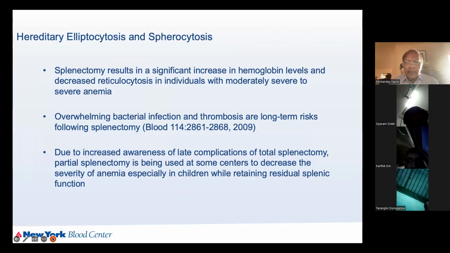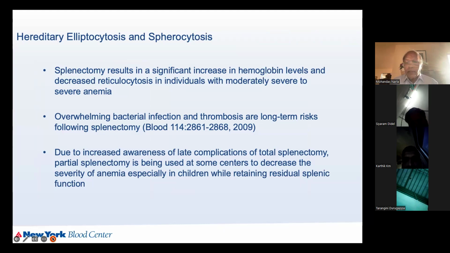So just to summarize this part, in terms of hereditary elliptocytosis and spherocytosis, splenectomy results in a significant increase in hemoglobin levels and decreased reticulocyte counts in individuals with moderate to severe anemia.